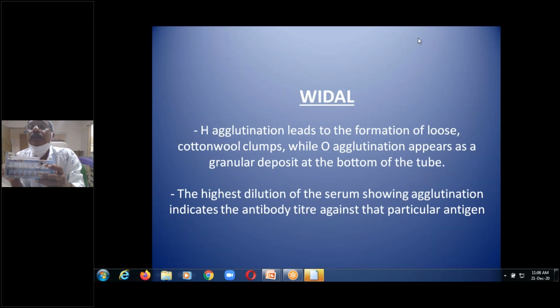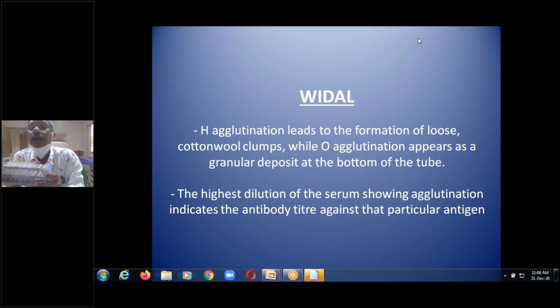That is why the first row is for Salmonella typhi H antibodies, the second row for Salmonella typhi O antibodies, the third row for Salmonella paratyphi A H antibodies, and the fourth row for paratyphi B H antibodies.